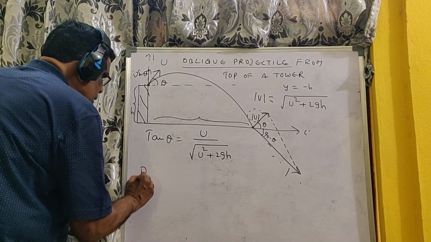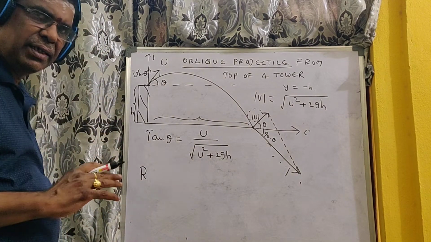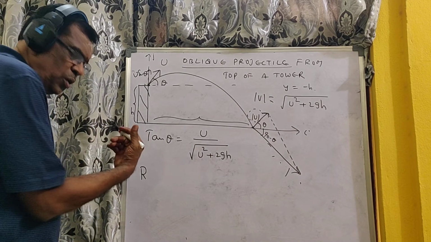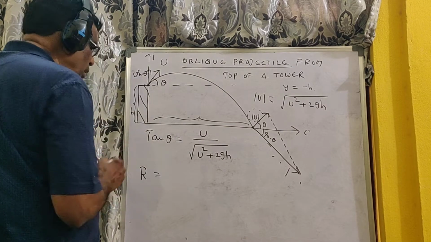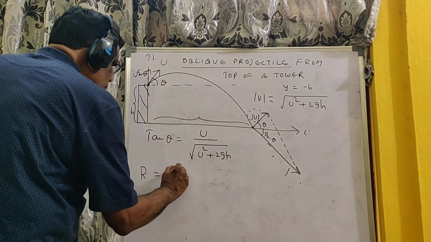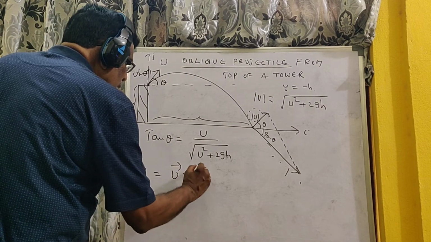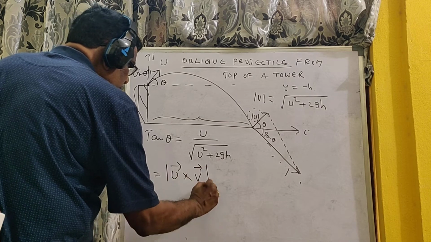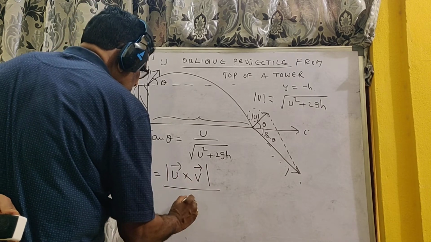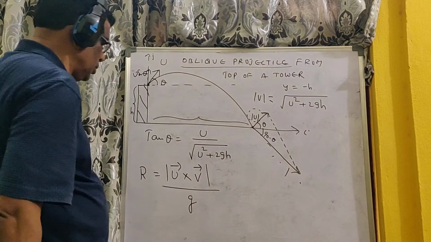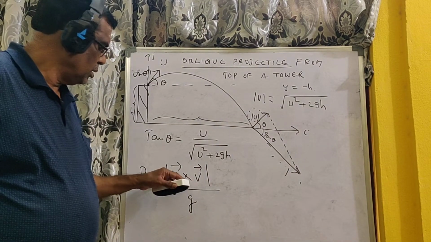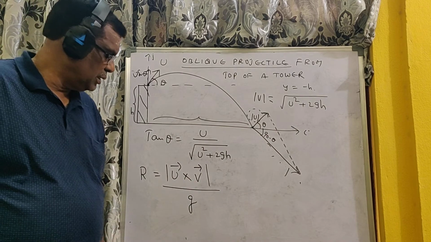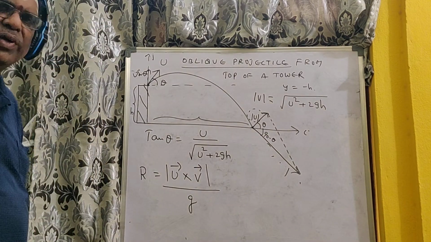Now range, if you want to get, there is no derivation as such anywhere here, but you can always write range as u bar cross v bar by g. You understand this? u cross v.